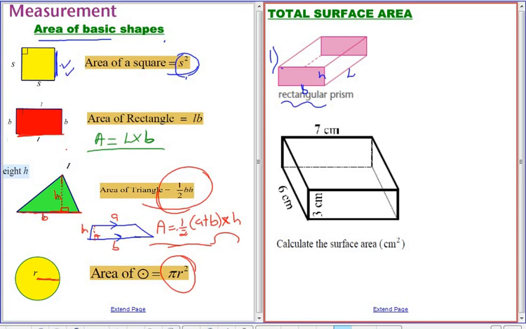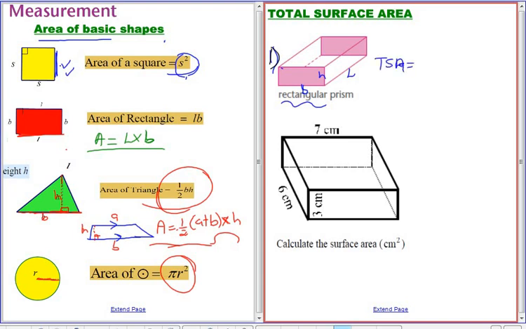If you would like to calculate the total surface area, because it's a prism now, it's made up of many faces. As you can see, this one in our first example has got 6 faces, but these ones are just basic shapes, and they are actually rectangles, 6 rectangles that we have to talk about. So how do we actually calculate the total surface area of this one? Please notice we just calculate one surface after the other.